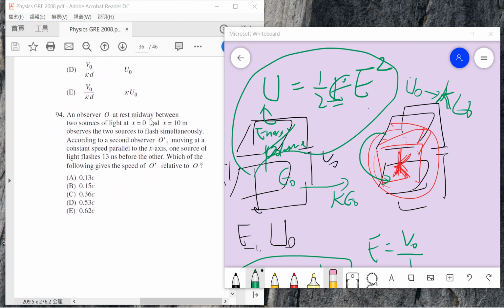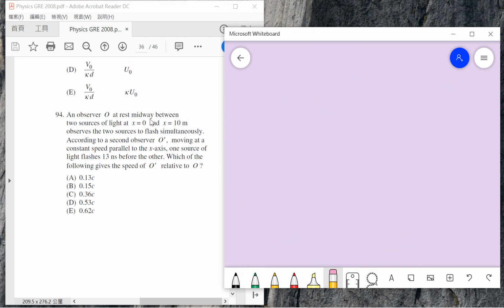Okay, I think 94 is the most difficult question in this problem set. Basically, you have a row which x goes from 0 to 10, and then there's O and O prime.